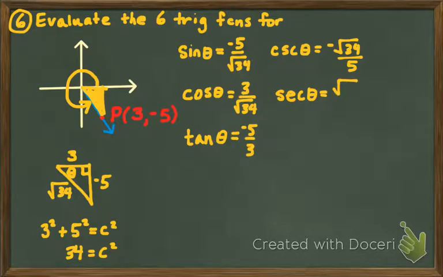So we're going to have positive secant, because that's the reciprocal of cosine, and that's the square root of 34 over 3. And then finally cotangent, which is the reciprocal of tangent, and so I just reciprocate my answer there, which was negative, so this one is also negative, and that is -3/5, and we're finished with number 6.